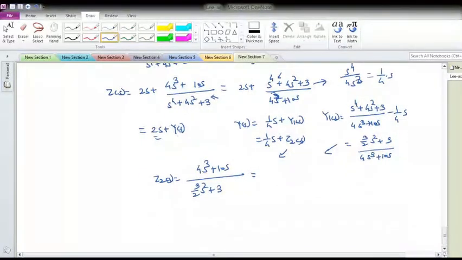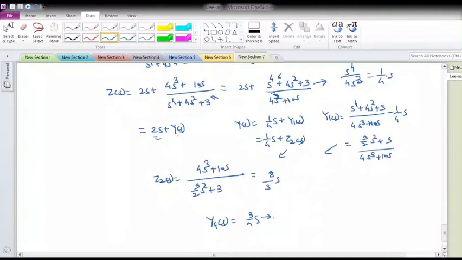So I did this: 4s cube plus 10s, you will get 8 by 3s from here. Again you are removing the pole at infinity, which means it is your series inductor. Then again you remove 8 by 3s, and next is 3 by 4s, which is an admittance, which will be a shunt capacitor.